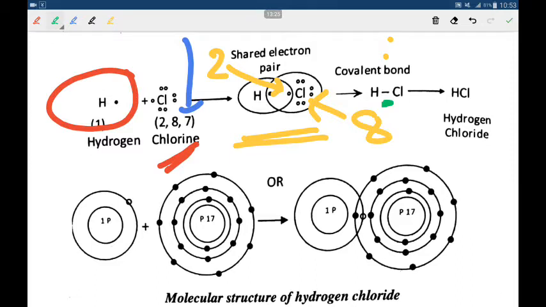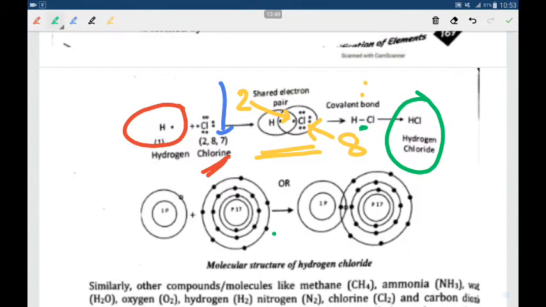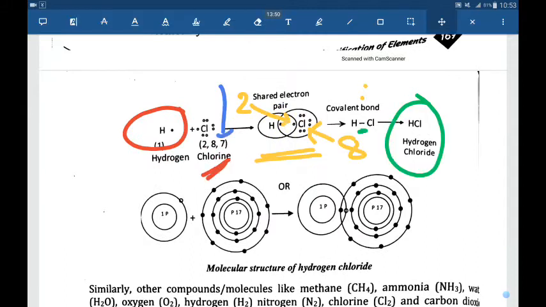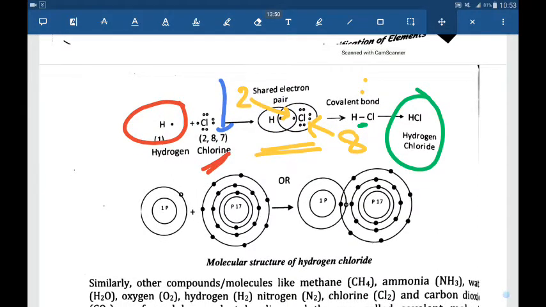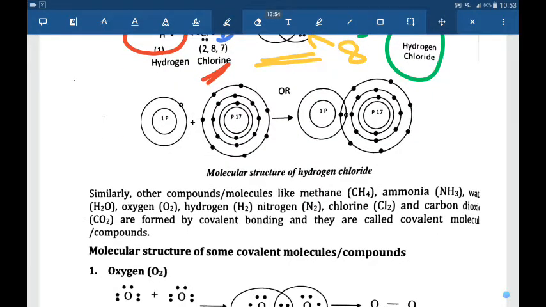See here. It represents 1 pair of electrons shared between hydrogen and chlorine atoms. So finally what is formed? Hydrogen chloride molecule. Dear students, the diagram is given.